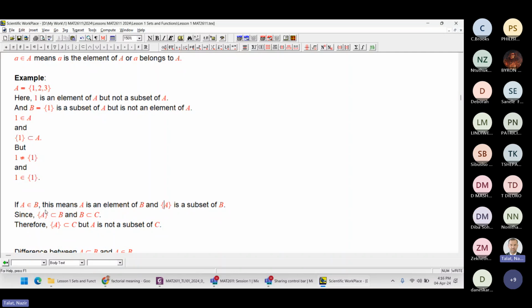There is a difference between element and set, because elements always belong, and a set will be contained in, or be a subset of, another set.